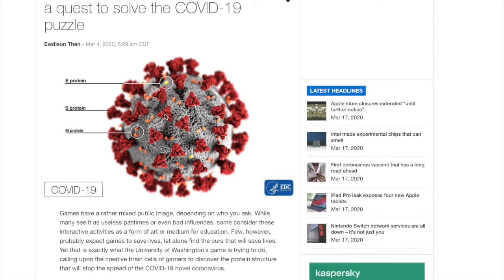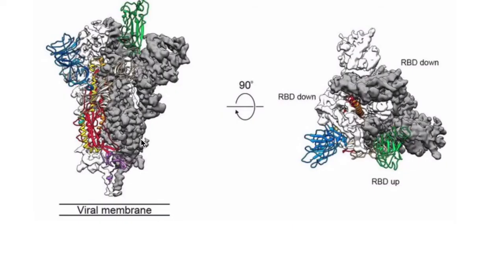Trying to understand the shapes of these proteins helps us understand how specifically they're attaching to cells and then being brought into cells through endocytosis. Studying the shapes of these proteins can help researchers try to develop antibodies that will stick to the proteins and allow your own body's immune system to identify these viral particles and attack them.